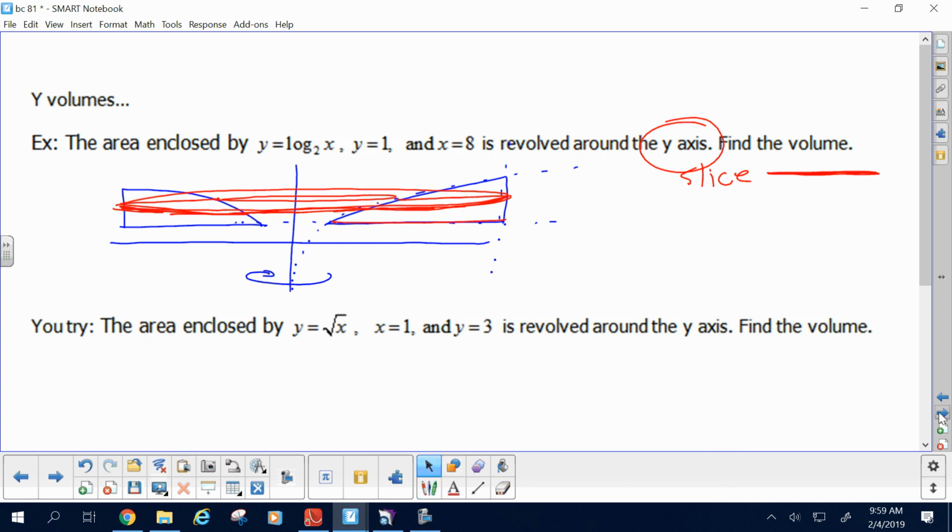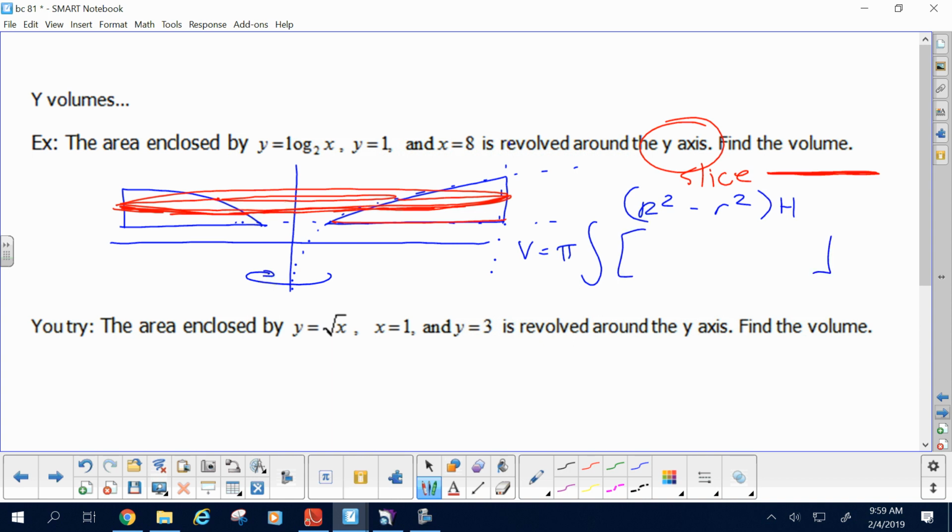Now, volume is pi times big R squared minus little r squared, times the height. So I need to find what's big R squared, what's little r squared, and the height. What is the height? dx or dy? dy. All right, big R. Big R is from the center of the circle to the outside of the circle.